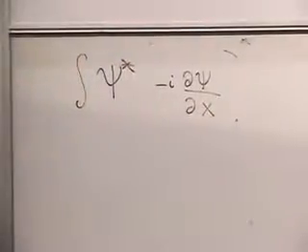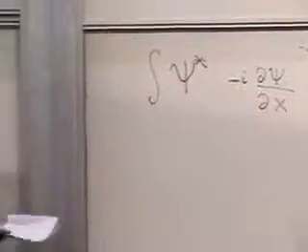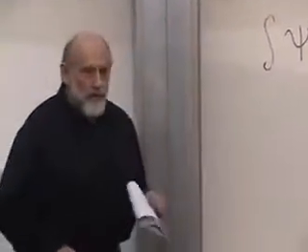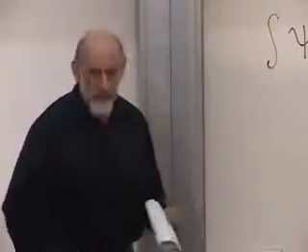Now it doesn't look real, but it is real. To prove that it's real, we want to prove that it's its own complex conjugate. So let's prove that this thing is its own complex conjugate. And the way we prove it is by integrating by parts.